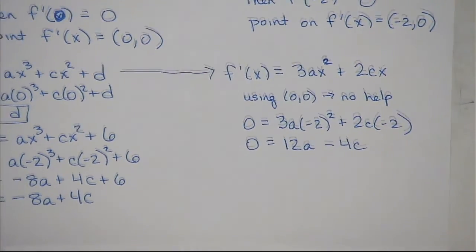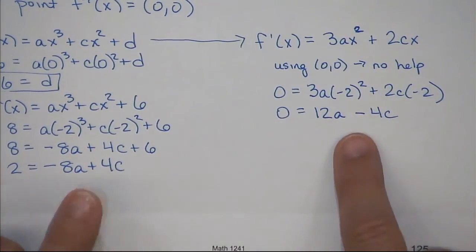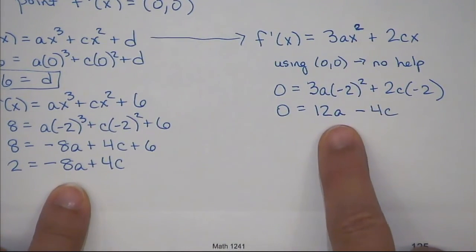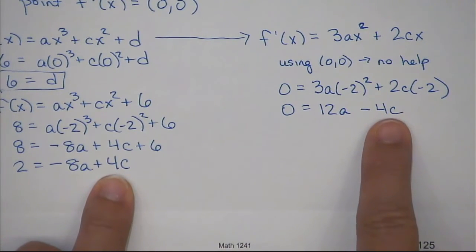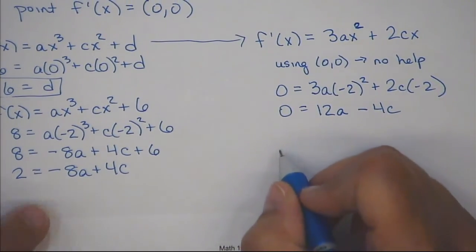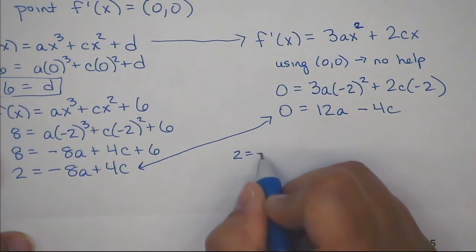Right? And now I got a nice little system, and it's easy because I got the 4c's right there. So now I have this and this, 2 functions with a and c. And because I see that I have a positive 4c and a negative 4c, I'm going to use elimination. Remember how to solve systems. You can do substitution. All right, so I'm going to take these 2 guys, and I'm going to solve.